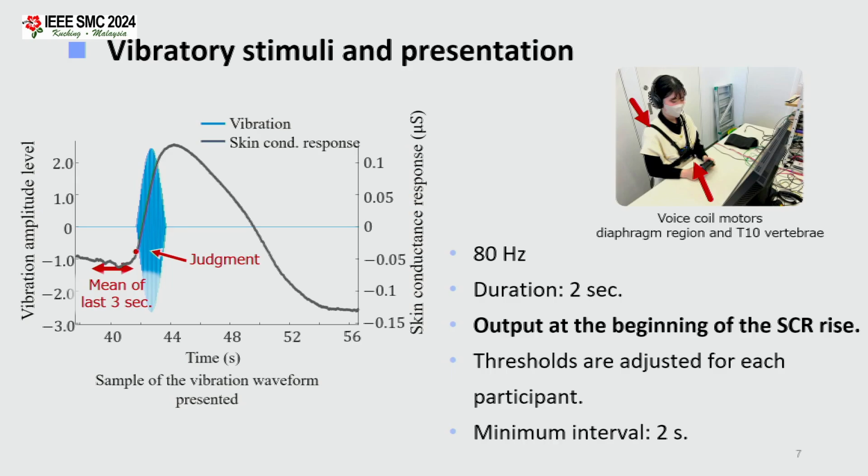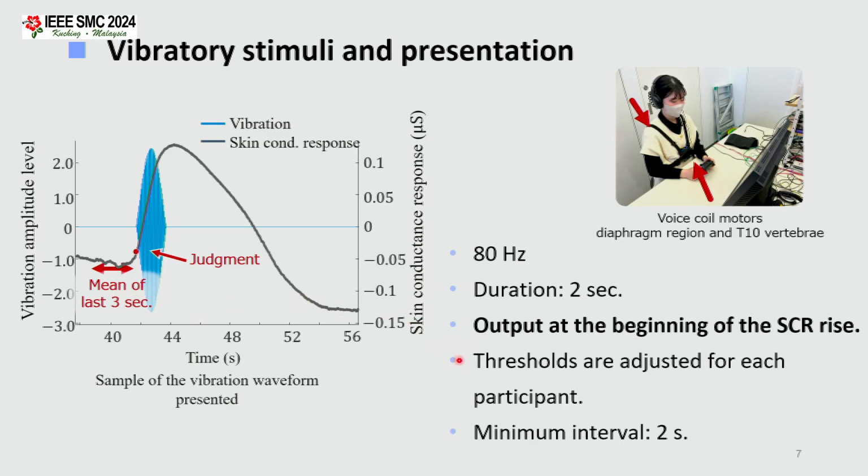Vibration stimuli are presented to the diaphragm region and its back with two voice coil motors attached to a vest, like this. And these are triggered when SCR rises above the threshold compared to the mean SCR value from the previous 3 seconds.